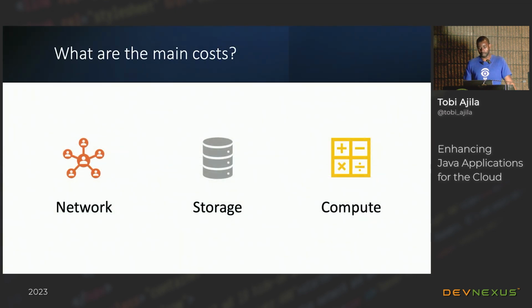The main costs that cloud vendors incur are networking, storage, and compute. Networking costs include the cost of setting up the network, buying the components, maintaining it. Likewise with storage costs, buying the disks, maintaining them. Compute costs are similar.